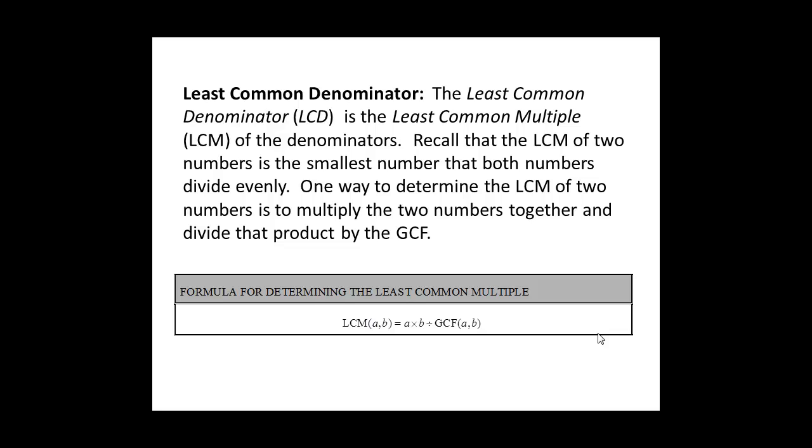Recall we've learned that the least common multiple of 2 numbers is the smallest number that both numbers divide evenly. One way to determine the least common multiple, or the least common denominator of the 2 denominators, is to multiply the 2 numbers together and then divide that product by the greatest common factor. We have used this formula in previous problems.